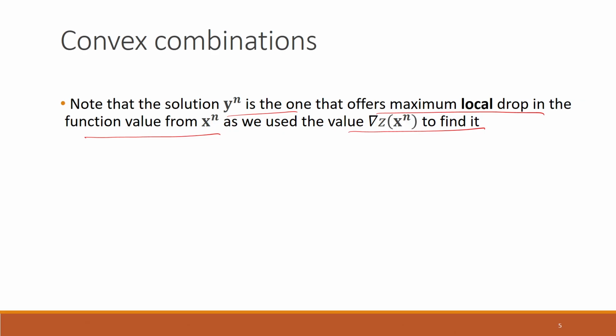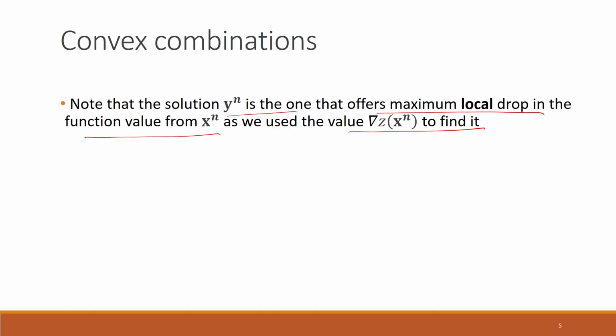So that is why the actual decrease that you see in the objective function value from xn till yn may not simply be the rate of change of the function value at xn times the distance that we go in the direction, because the gradient information may not be equal for all the points connecting xn to yn.